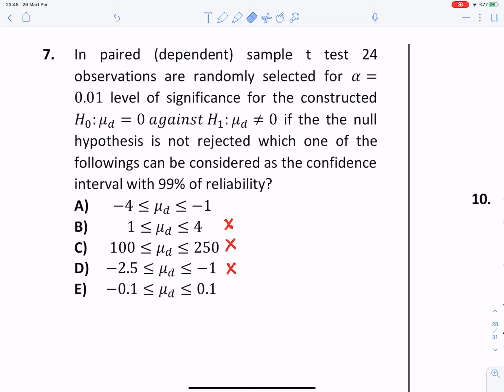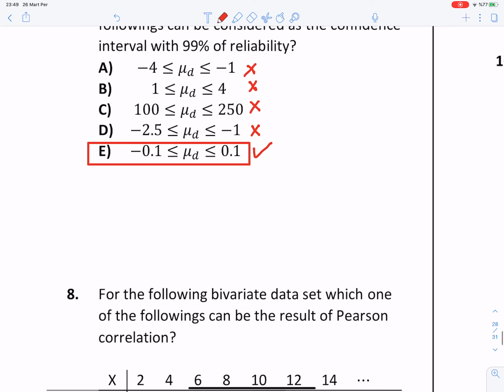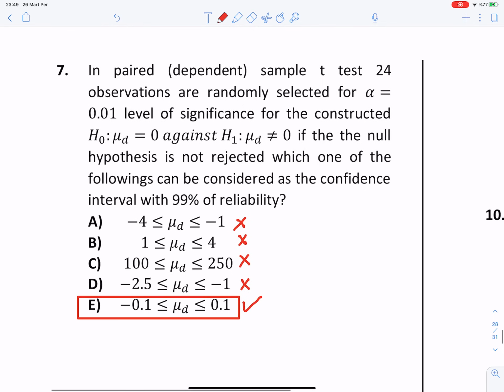The zero value is also not included in here because the lower bound is negative and the upper bound is negative. The zero value is only included in this option E, and that's the correct answer. So it's pretty straightforward to pick up the right answer. Okay, question 7 is done.